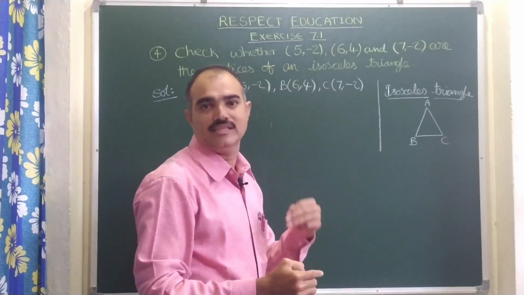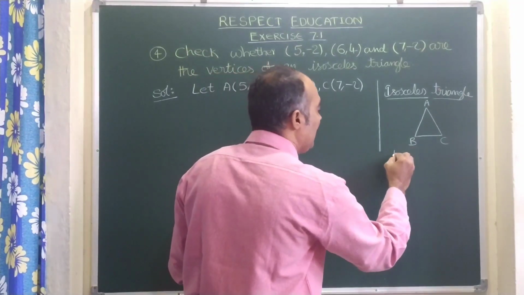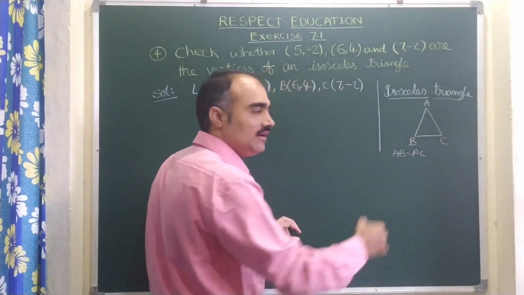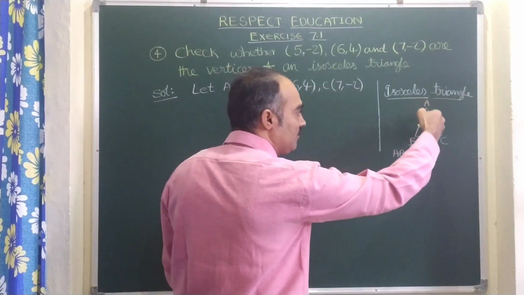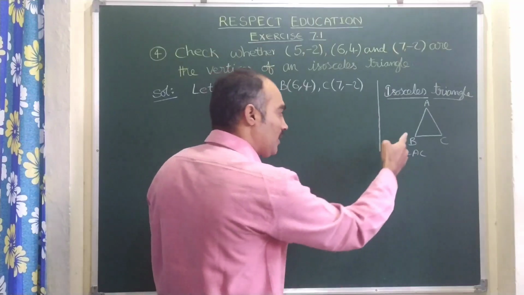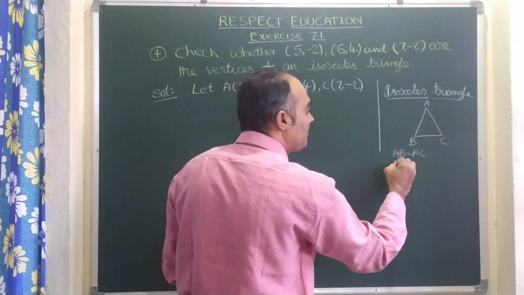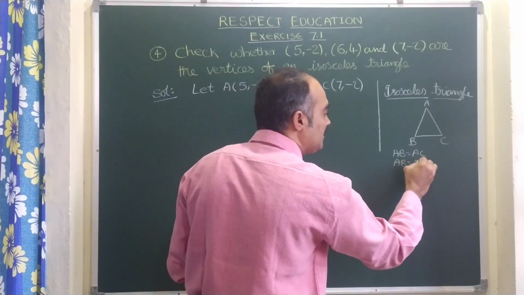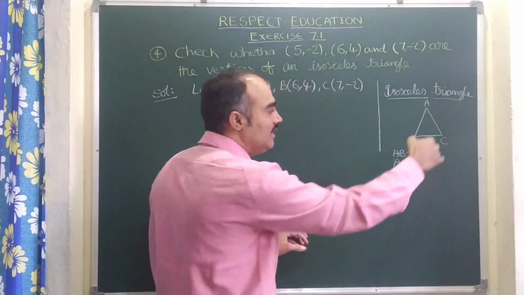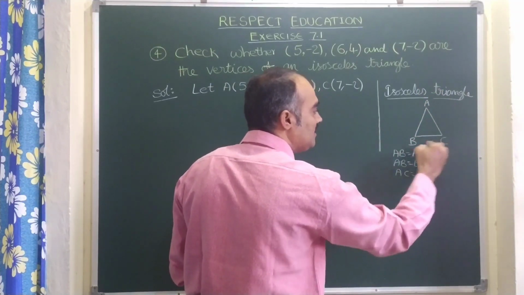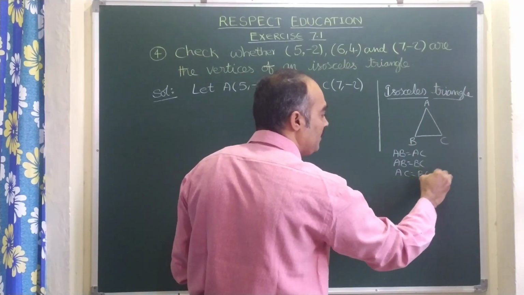So out of these three chances, I am writing: either AB is equal to AC, from A I started; from B, BA, nothing but AB, AB is equal to BC; with C, CA means again AC, AC is equal to CB means BC.